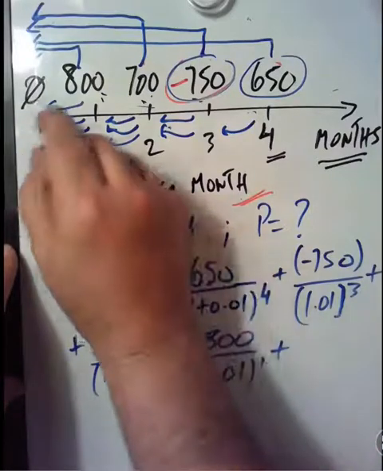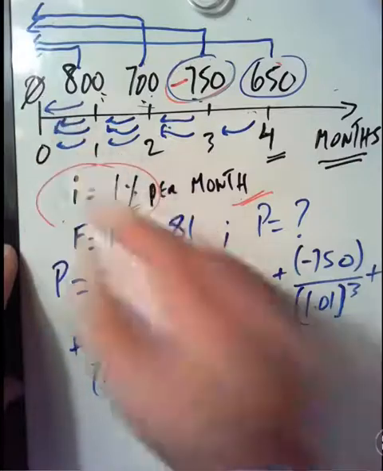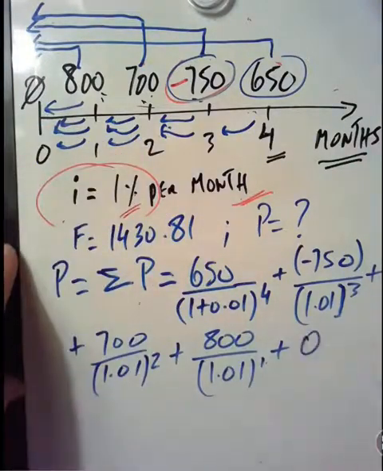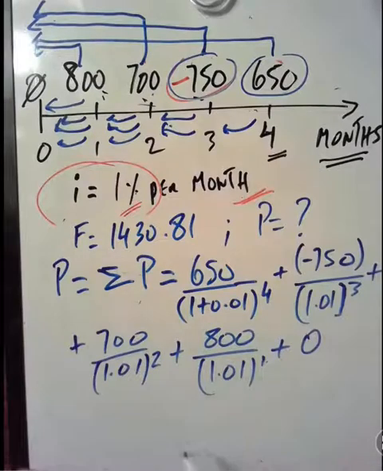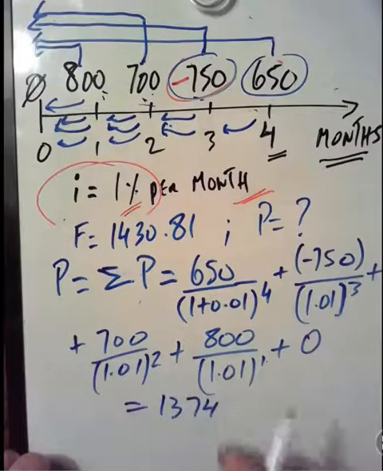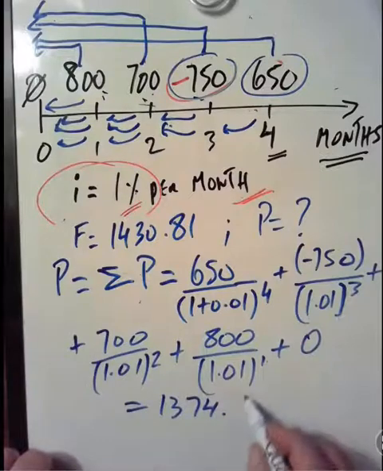And there's nothing here. If there was a value here, we would simply add it up. But as there's nothing, we wouldn't need to write plus 0. I'm just writing it to reinforce that idea. So this would be 1374.98.